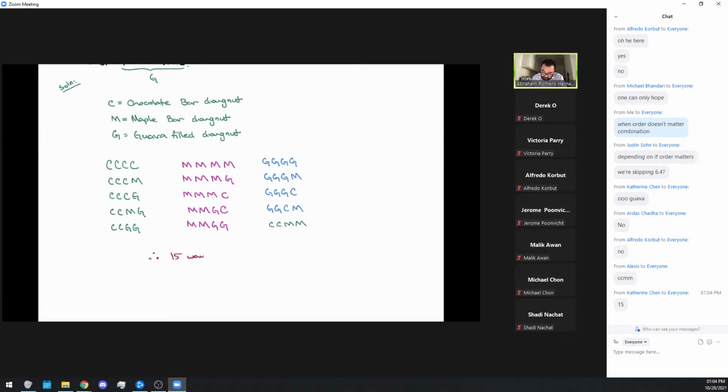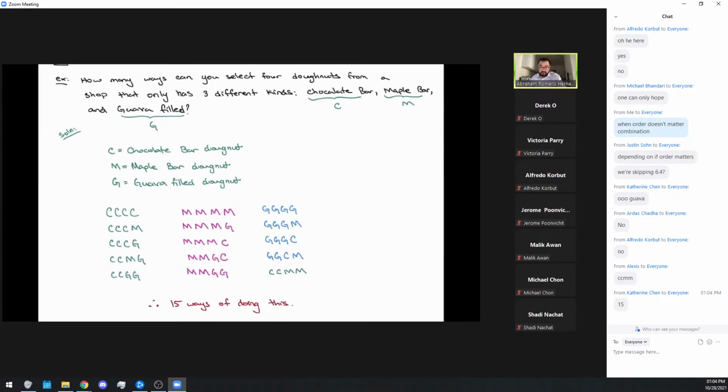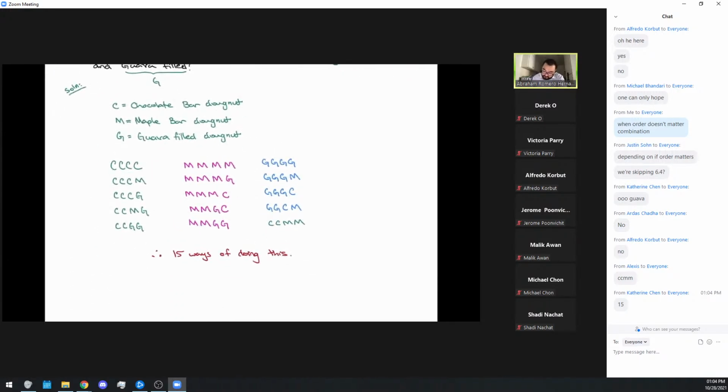So therefore, there are 15 ways to select four donuts. From three categories, or three varieties, because it was only three different types.